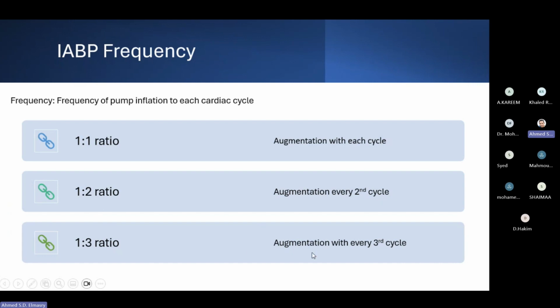If you choose the ratio 1-to-3, every third cycle will be assisted. If the patient is still requiring full support, you should go for 1-to-1 ratio. If the patient shows signs of recovery and becomes more hemodynamically stable, and his heart is recovering, you can start weaning the frequency to 1-to-2 or 1-to-3 ratio, depending on the situation.